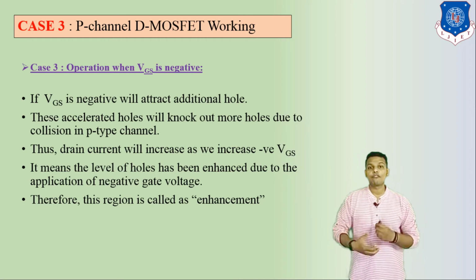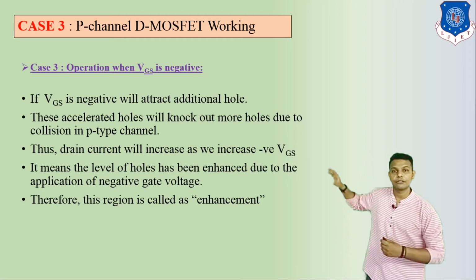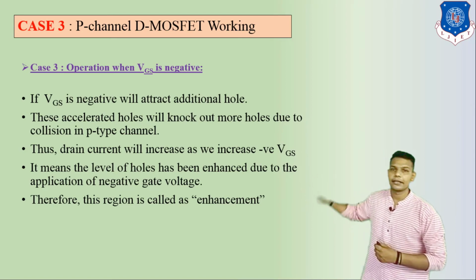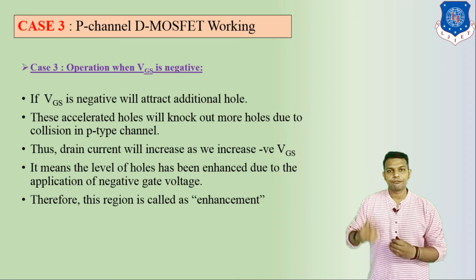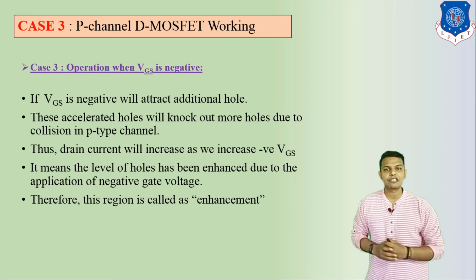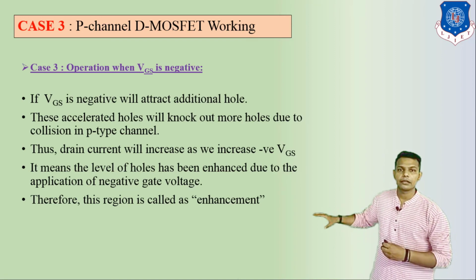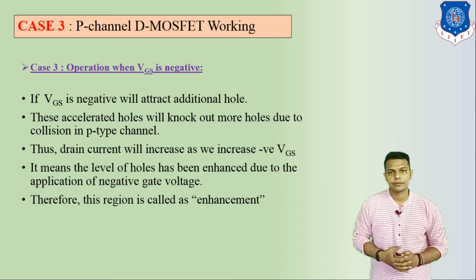So the number of holes is increased, and this is known as enhancement type, because here the flow of current is increased. That's why in case number 3, if we apply more and more VGS on the negative side, the drain current increases.